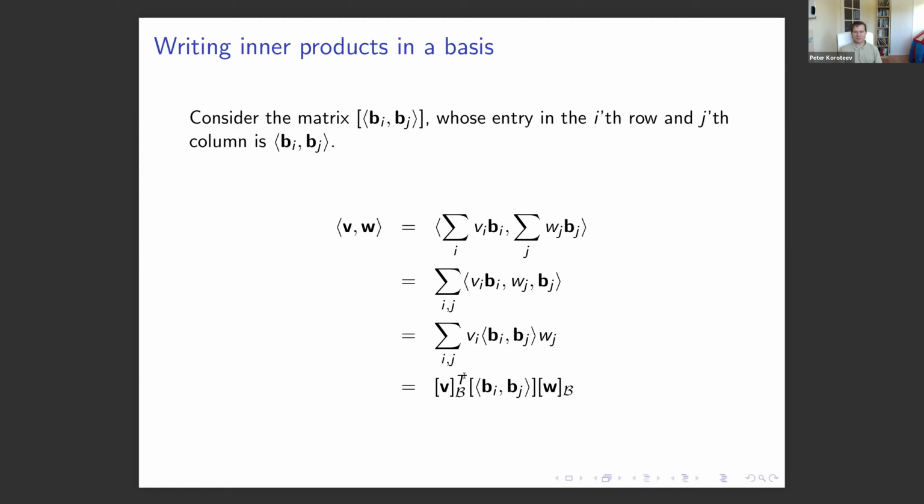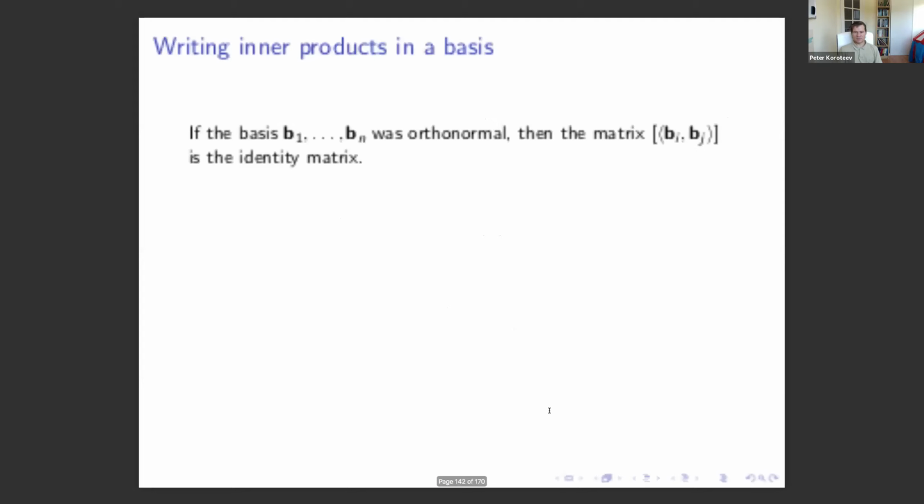If you write it as a matrix, you take a row vector, v transpose in this basis, multiply by the matrix, and then multiply by the column w. That will give you a number, because a 1 by n row multiplied by an n by n matrix, multiplied by the n by 1 column is a 1 by 1 matrix.